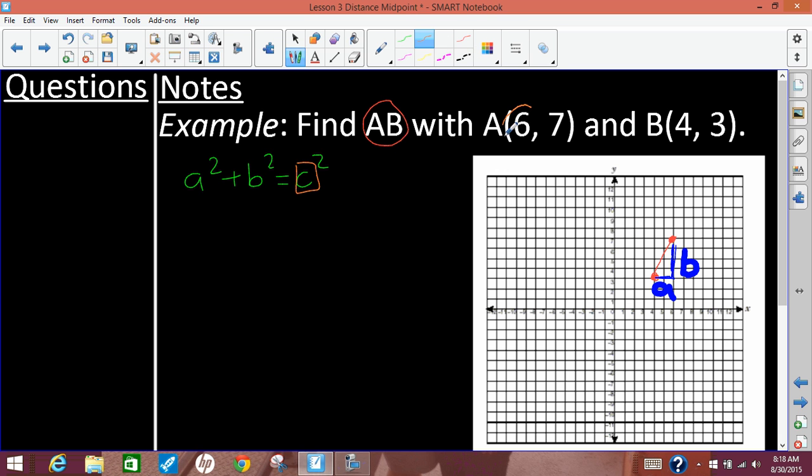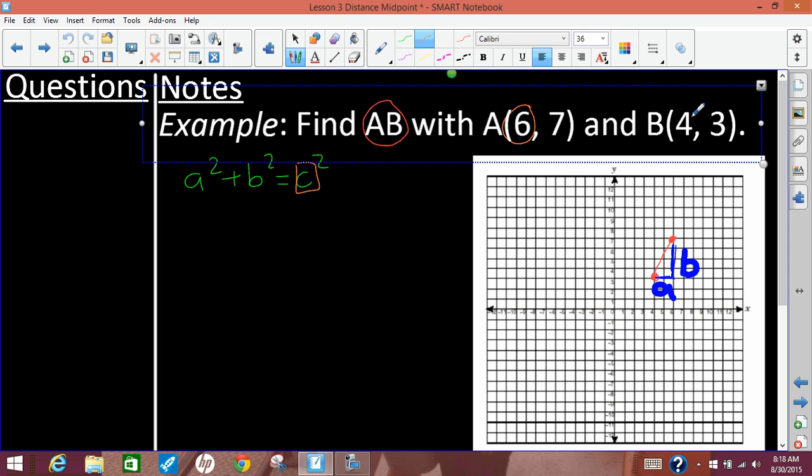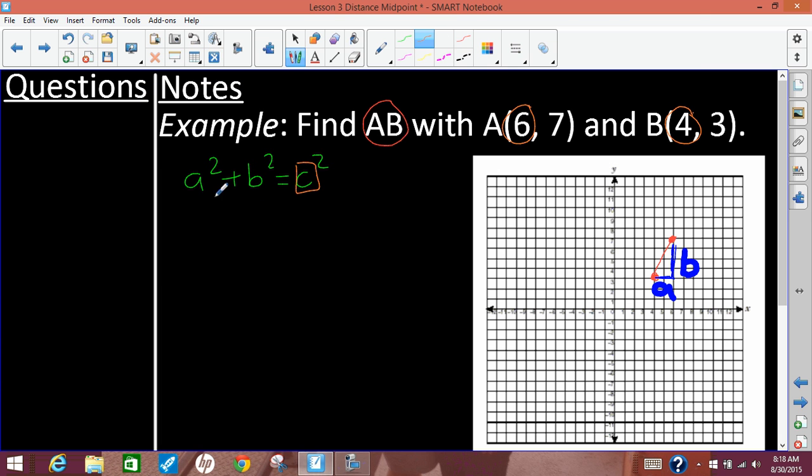We have x values of 6 and 4. So for A, I'm going to plug in 6 minus 4. Don't forget your squared. For B, I'm going to use my y values, 7 and 3. So I'll do 7 minus 3. Don't forget the squared.